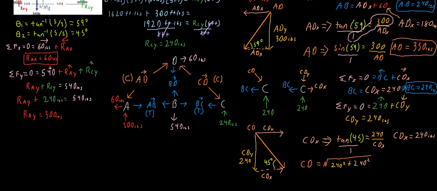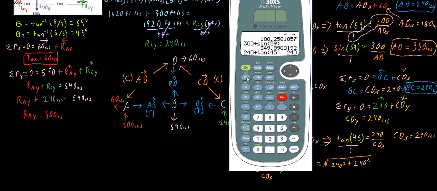We pull out our calculator and find the square root of 240 squared plus 240 squared. You might have noticed again that we could use our triangle tricks to solve for this as well, or we could have just used sine or even cosine, but I'm just going to use this approach.